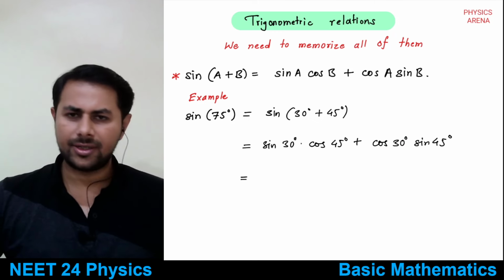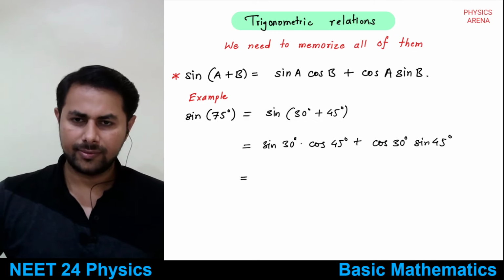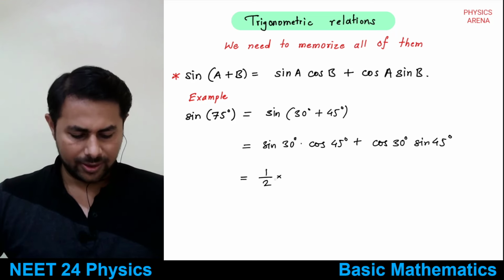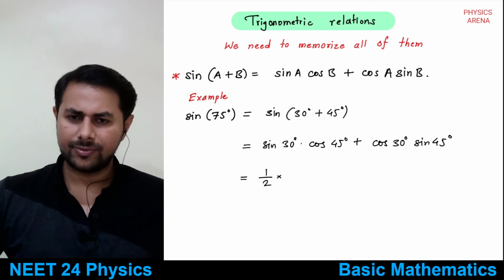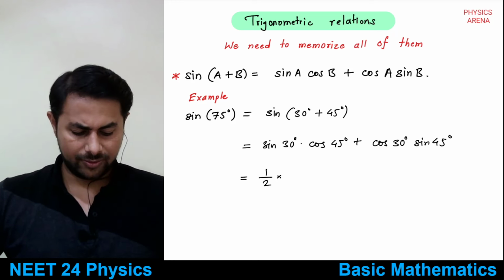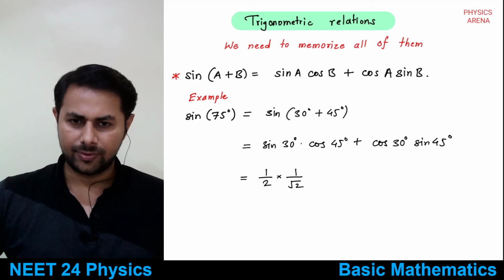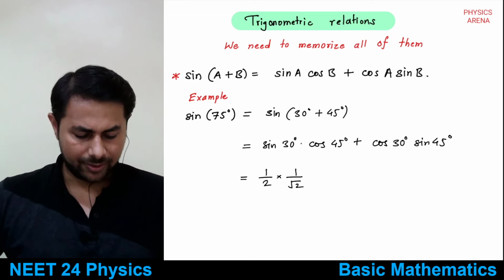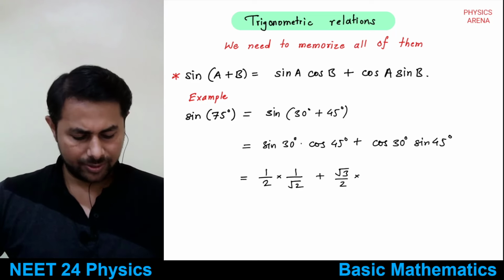So what is sine 30? Half. Then what about cos of 45? It's 1 upon root 2. Cos of 30 is root 3 by 2. And what about sine of 45? Sine of 45 is also 1 upon root 2.